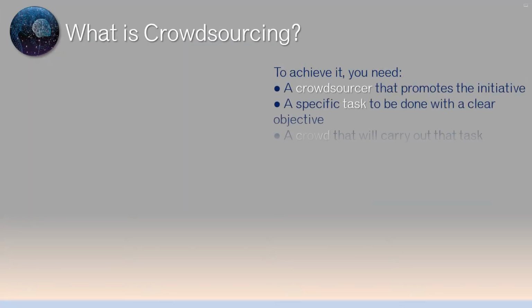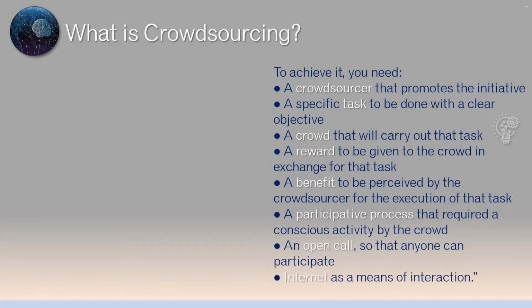Crowdsourcing is to gather individuals in an open platform, like the internet, to perform a task. To perform crowdsourcing, we need a crowdsourcer, and it can be artificial intelligence here, or the learner who asks for help to perform a task. Then we have the task or the problem that we need to solve or to discuss or to share with others for better solutions by finding a collective intelligence that deals with that problem as a topic.